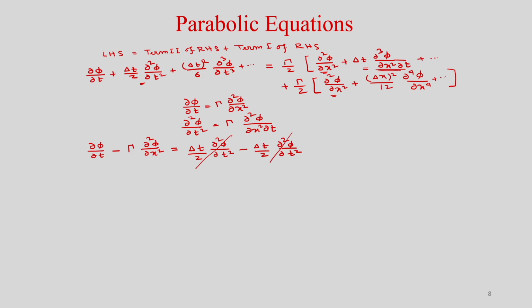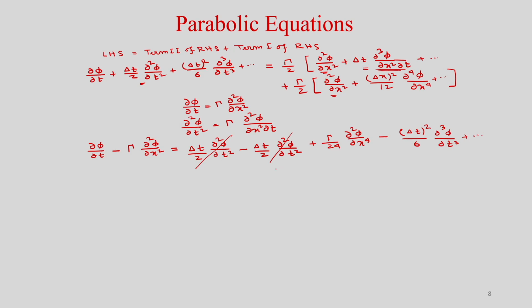Okay. And what is left here, you have gamma by 2. So, it will be plus gamma by 24 del 4 phi by del x to the power 4. Okay. This is there, and if you take this term, minus del t square by 6 del cube phi by del t cube, some other terms.